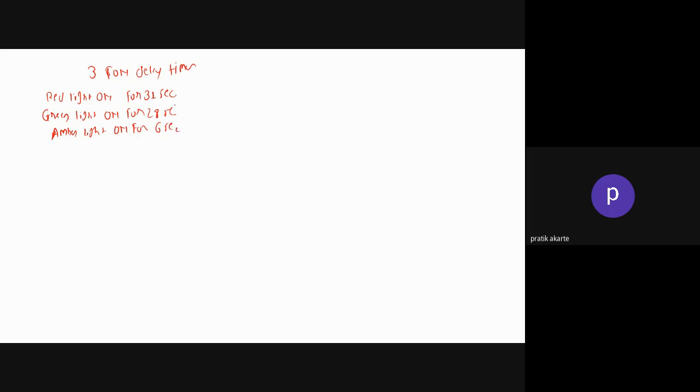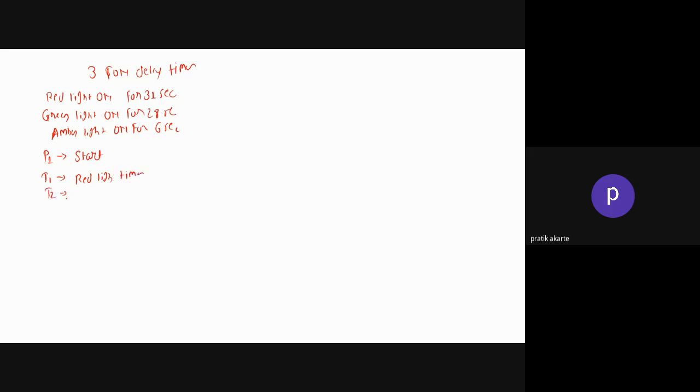Okay, so what will we assign? Some switches like in the previous program. So we assign P1 for the start button. We'll give T1 as the red light timer, one on delay timer.